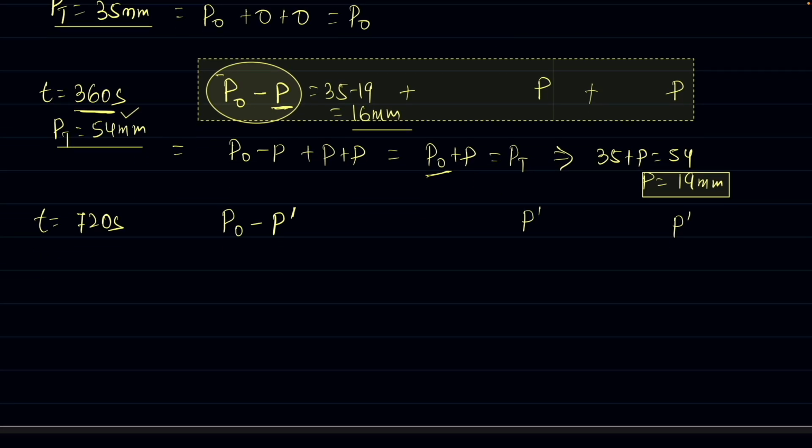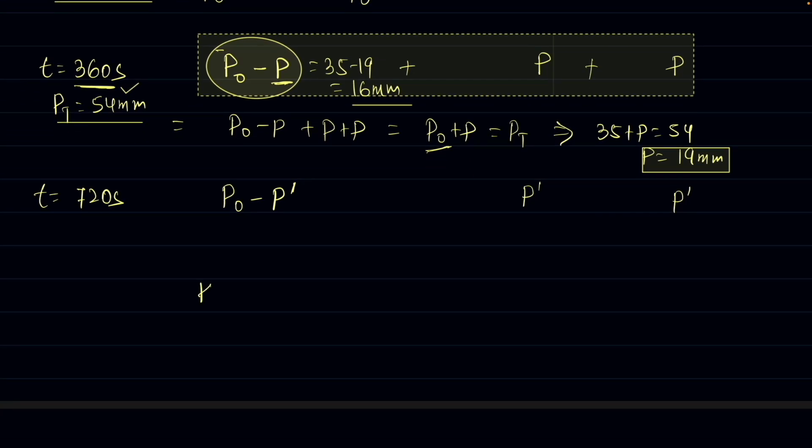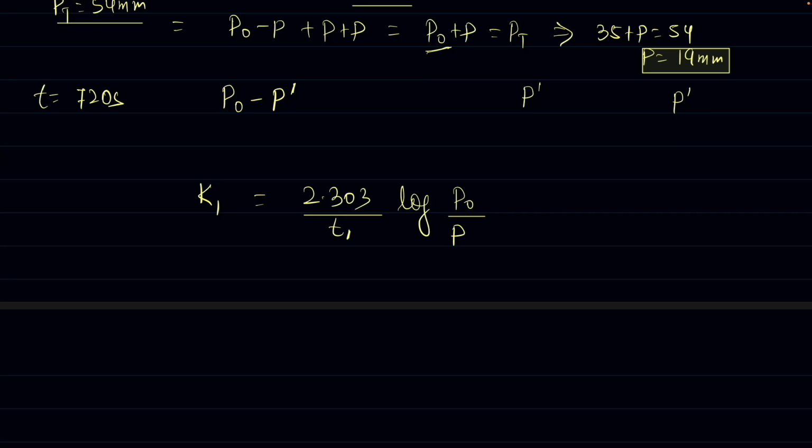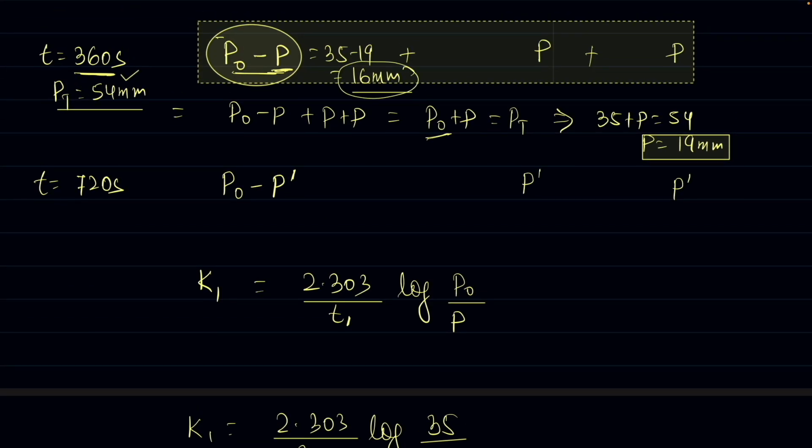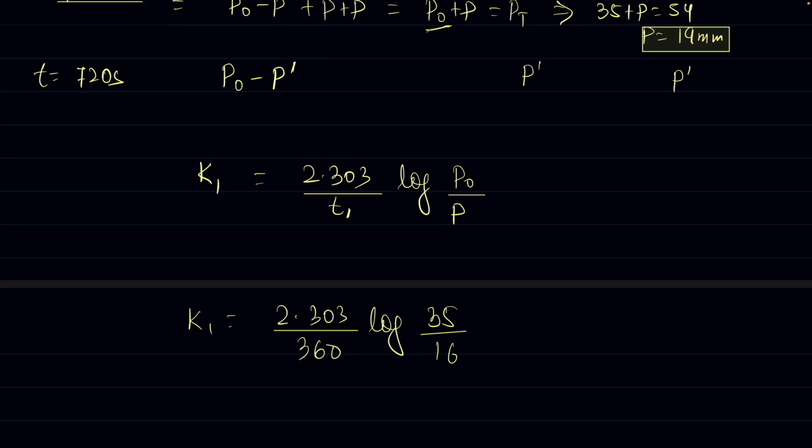Now what do we do? First we find the value of K1. K1 is equal to 2.303 divided by T1, log P naught by the remaining pressure.